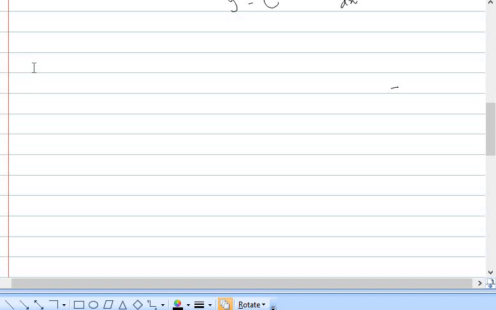If you have a function, let's say y is equal to 5x square, then using the formula, if you have ax to the power of n, the differential of it should give you anx to the power of n minus 1.